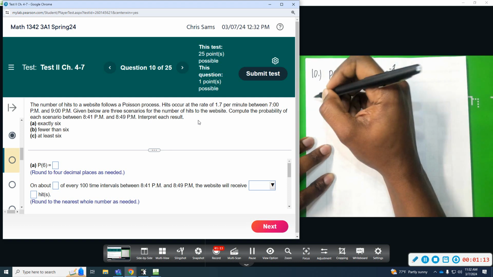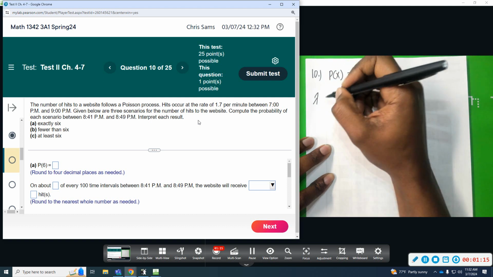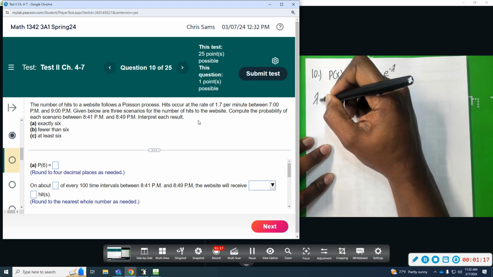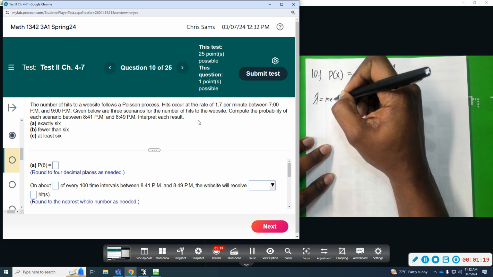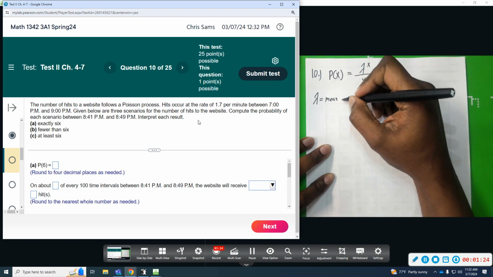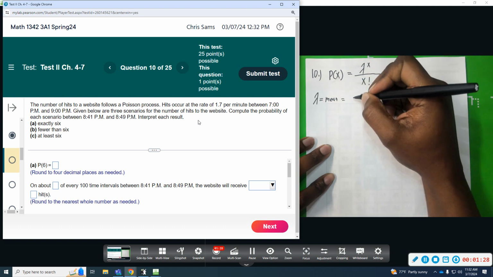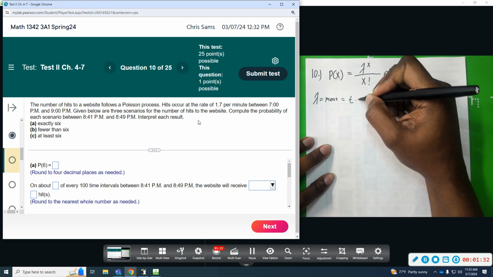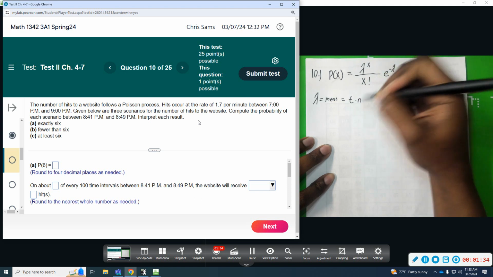Okay. Lambda is the mean. We're going to compute the mean by doing time interval times the rate.